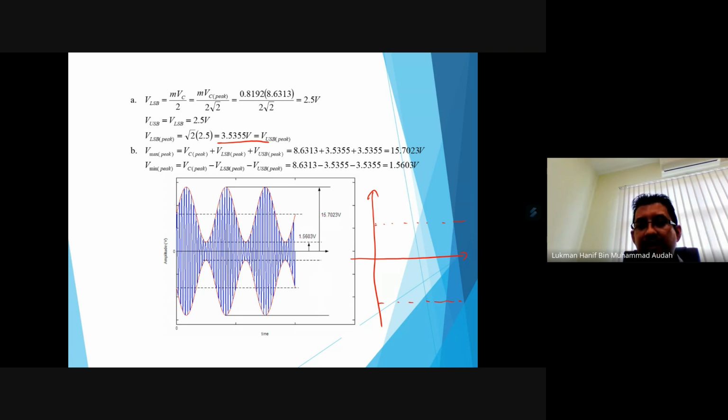Then another imaginary line of sine wave in the negative side. Then I can draw the waveform like this.